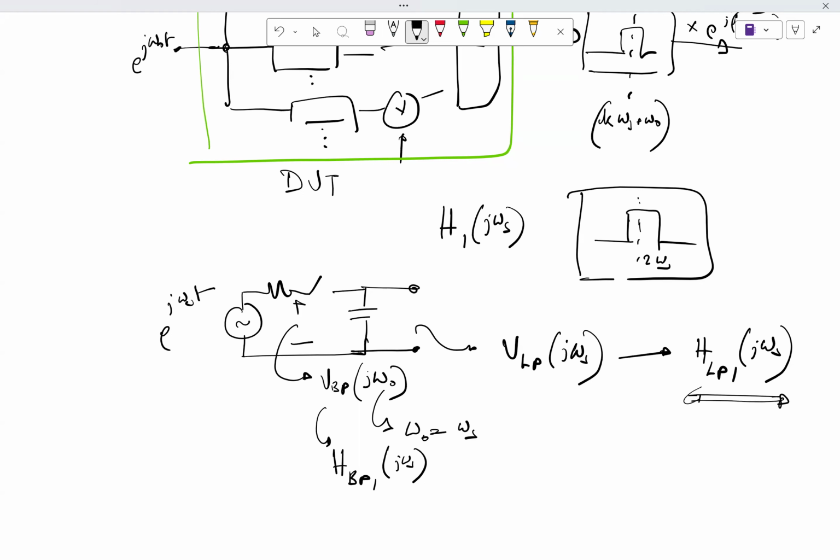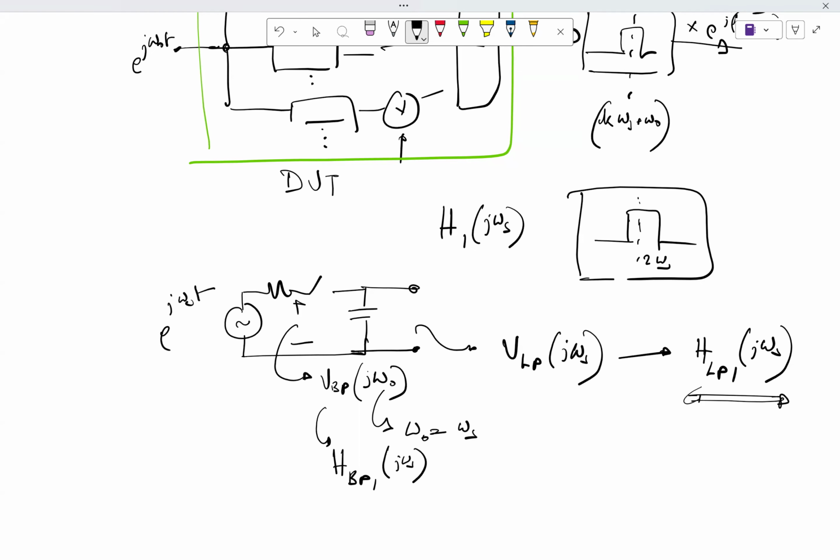What will be the output? Where should I put the bandpass filter? 2 omega s, and approximately what are you going to get? You're going to get 0, right? Because the capacitor is going to filter out everything, and you will not get anything at 2 omega s, right? That we also saw using the brute force method, right?